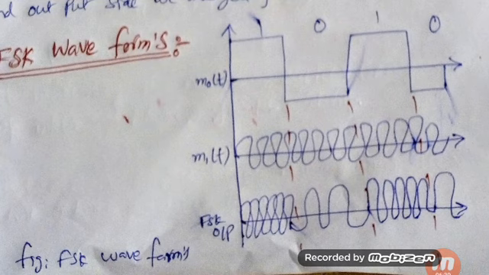So we are observing that the output waveforms change with respect to the input waveforms. The input signal is digital or message information, and the output signal is analog information.